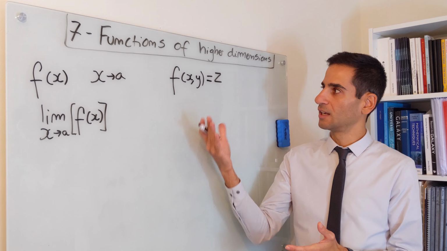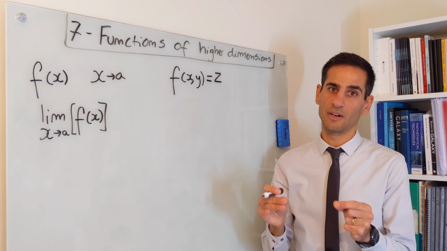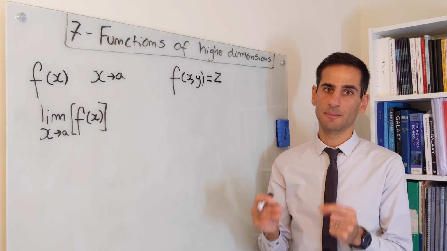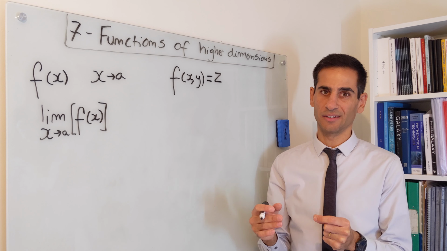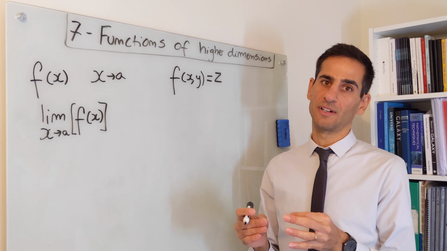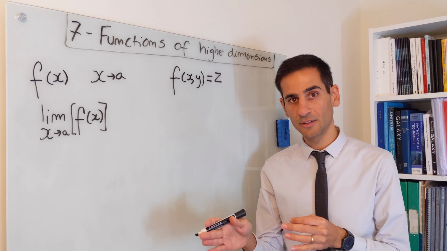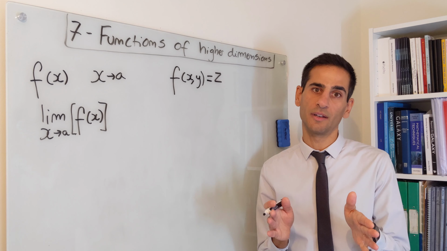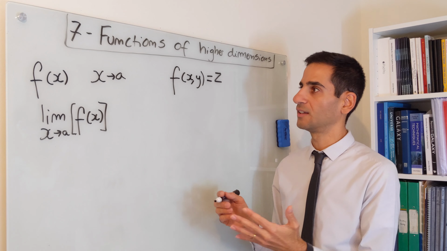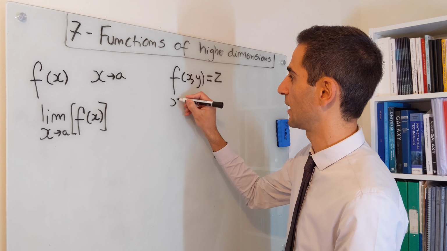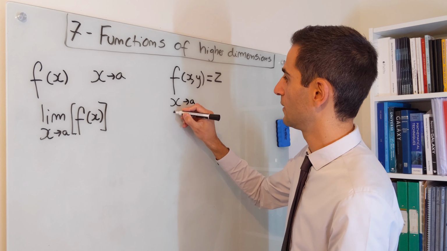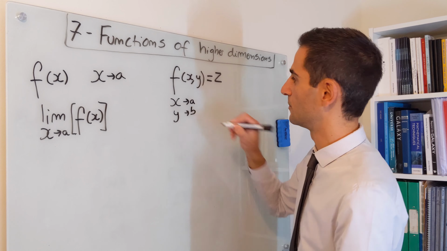Of course, if the function depends on two variables, then we should be explicit about the limit we're calculating, which means that we need to specify which value x is tending to and which value y is tending to. Let's say that you want to calculate a limit when x goes to a and y goes to b.